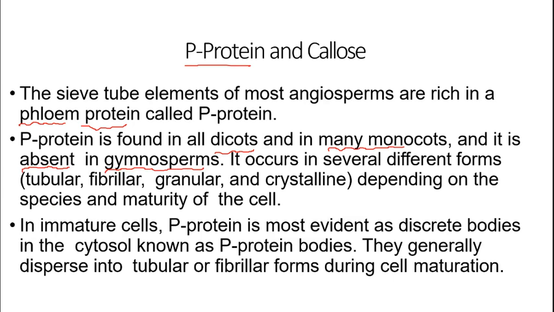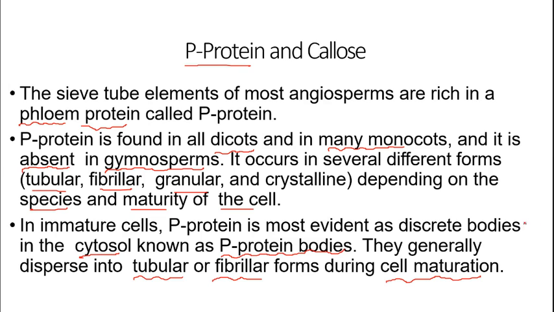They can be of several forms. They can be tubular, fibrillar, granular, crystalline, depending on which species they are present in and the maturity of the cell. In immature cells, they are present as discrete bodies in the cytosol known as P protein bodies. They generally disperse into tubular or fibrillar forms during cell maturation.